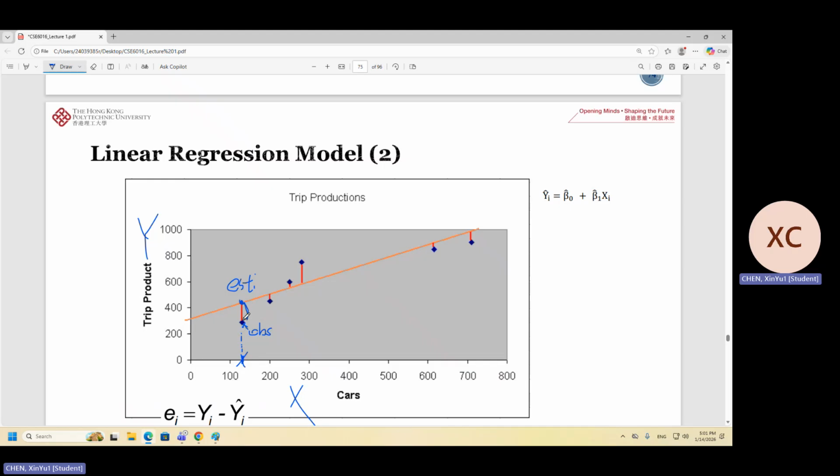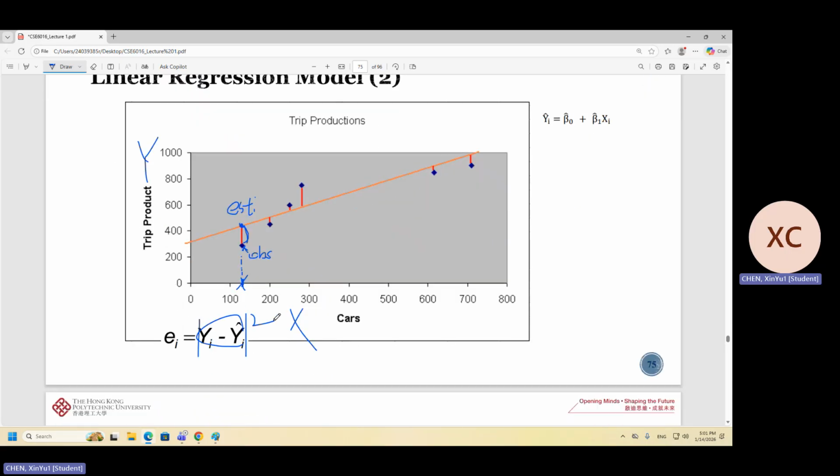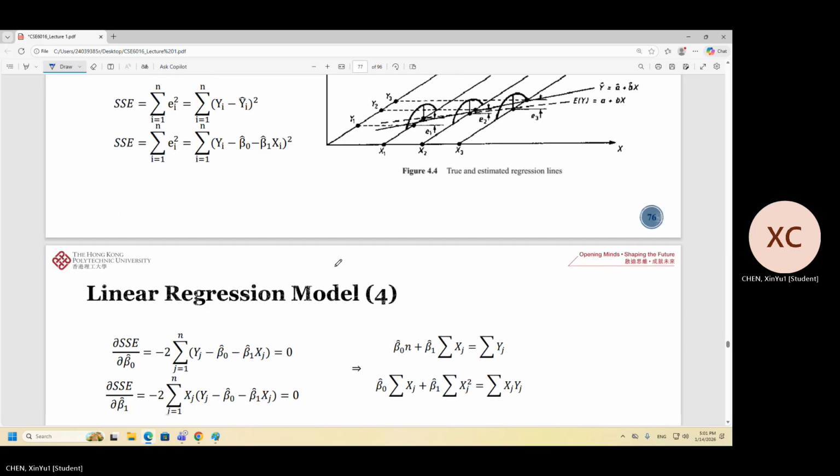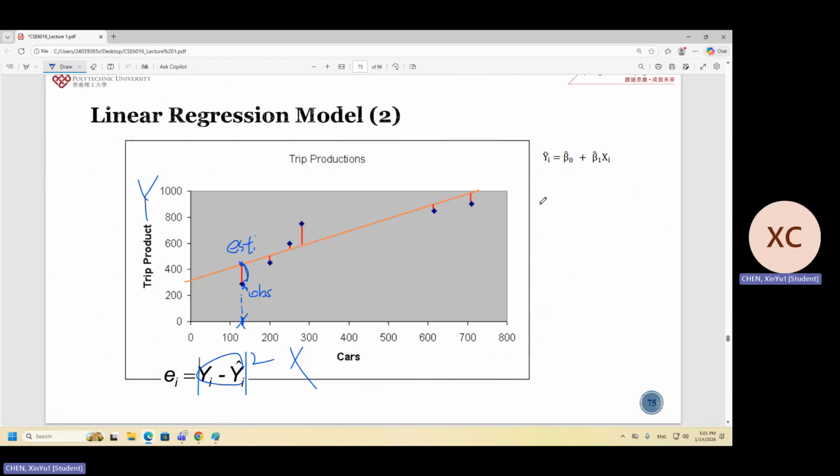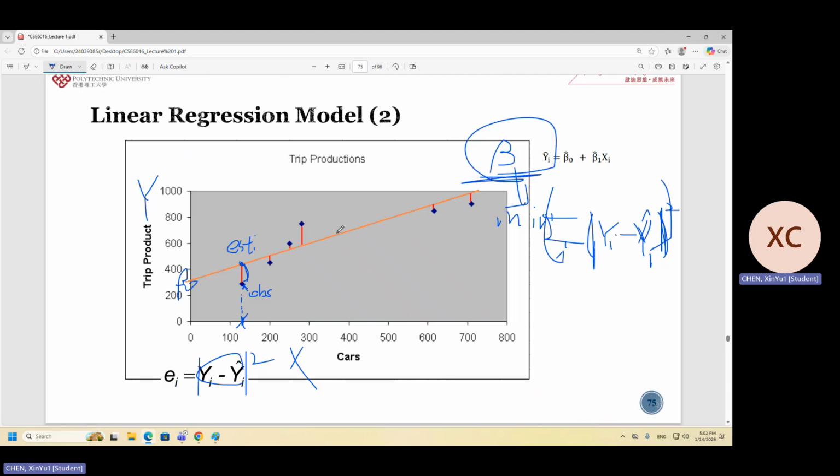We calculate the difference between the observation and the estimation, square it, and sum over all observations. So for every i, the absolute y_i minus the estimate, squared, summed, and we choose beta to make it a minimum. Then we say this beta is the optimized value. Based on this, we can calculate beta 0 and beta 1. This is the general logic of how we optimize the beta, the parameters.